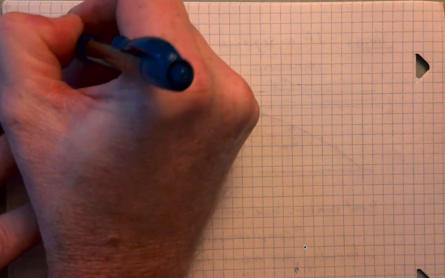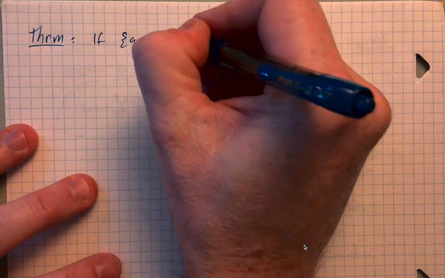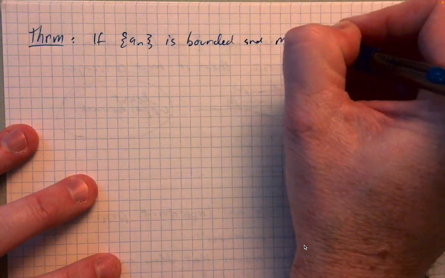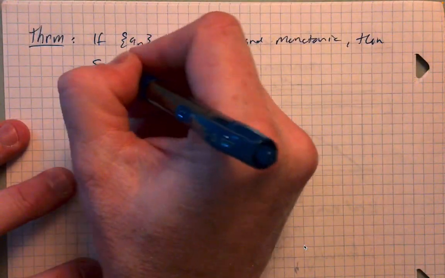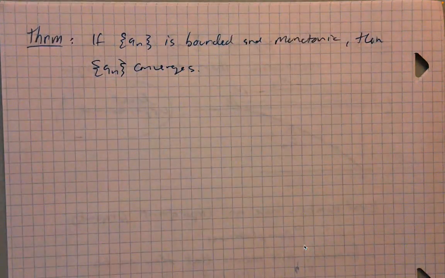But we are going to use the least upper bound property here in this coming theorem. So this theorem says: if a_n is bounded and monotonic, then a_n converges.